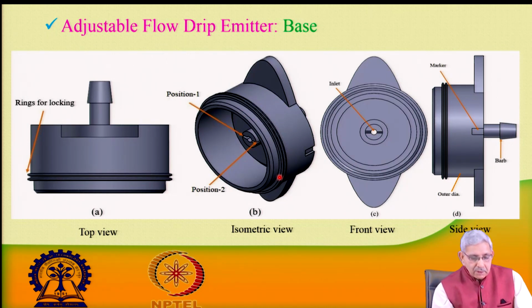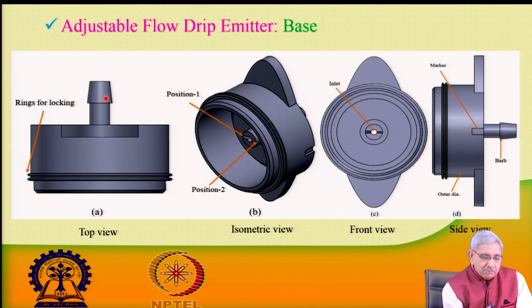So, coming to the adjustable flow dripper, this is the base, means the bottom portion. This part is a barb and this is a ring for locking which we developed.